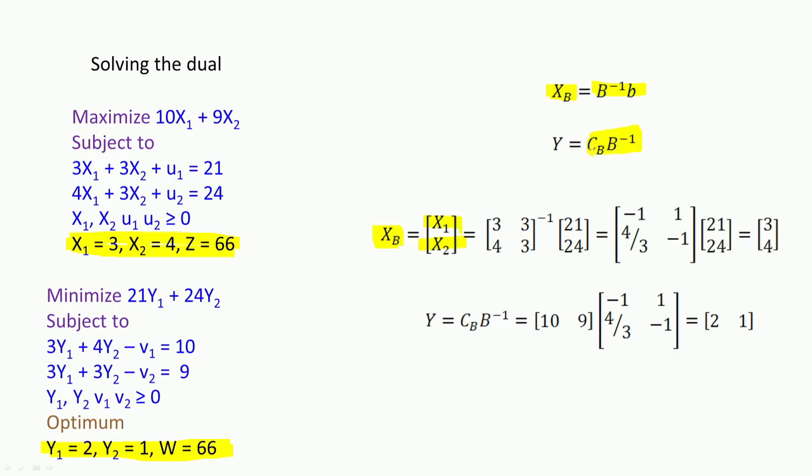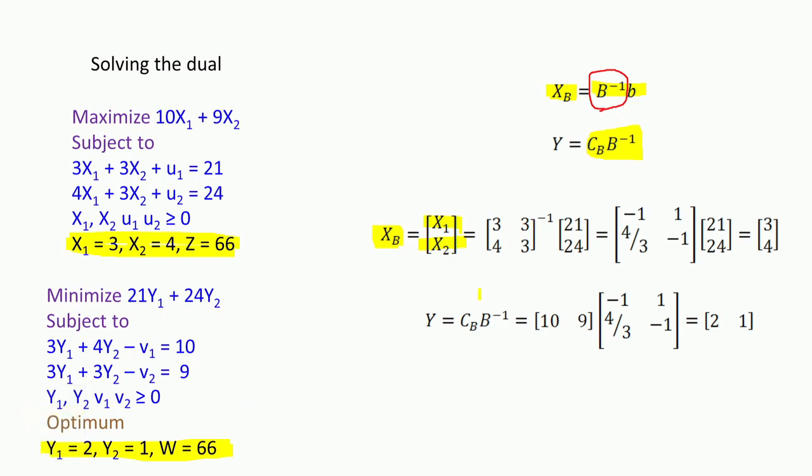Let me show all this computation by treating x1 and x2 as our basic variables. So xb is x1, x2. Now this capital B is called the basis matrix, whose inverse I am marking. What is the basis matrix?